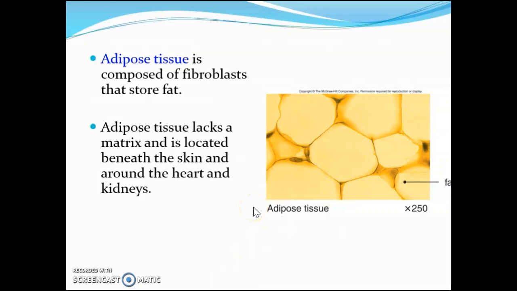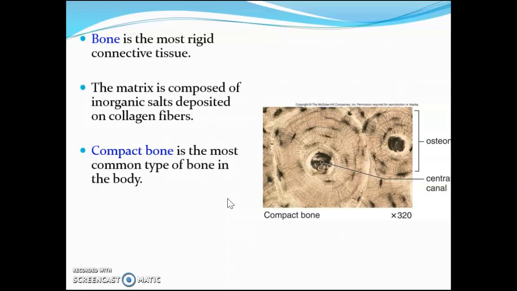In humans, adipose tissue is prominent in the abdomen area. Accumulation of fat in the abdomen layer of a human will result in a huge bulge, which we call the belly. And finally, the last type of connective tissue in our discussion today is the bone.